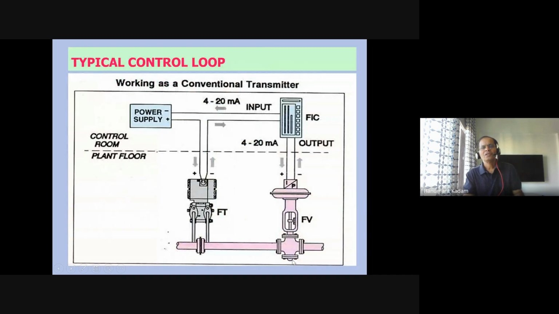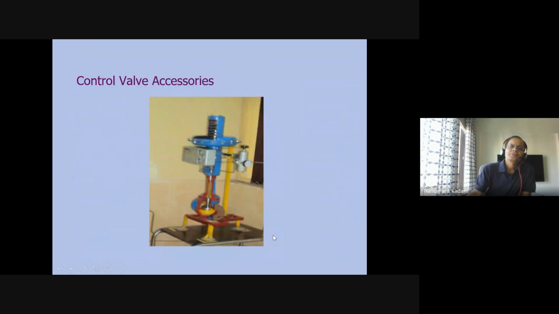So I'm just refreshing back. This is one flow closed loop. This is the control valve controlling the flow, with this orifice plate transmitter, and this is the FIC loop, flow indicating controller, I2P and control valve. So you see control valve accessories here, and the control valve main part here.